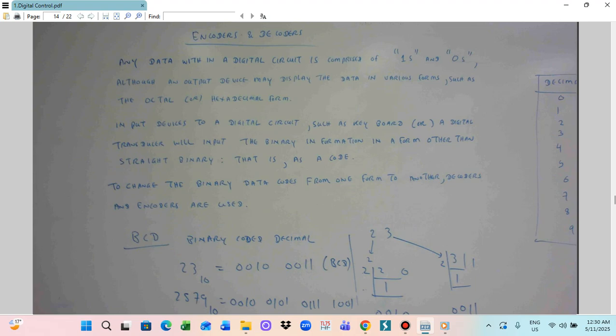Various forms means that data can be in binary form, octal form, hexadecimal form, or decimal form. So this means that we need to use devices to convert the decimal to the binary format, and then the binary format to the decimal. This is why we require the encoder and the decoder.